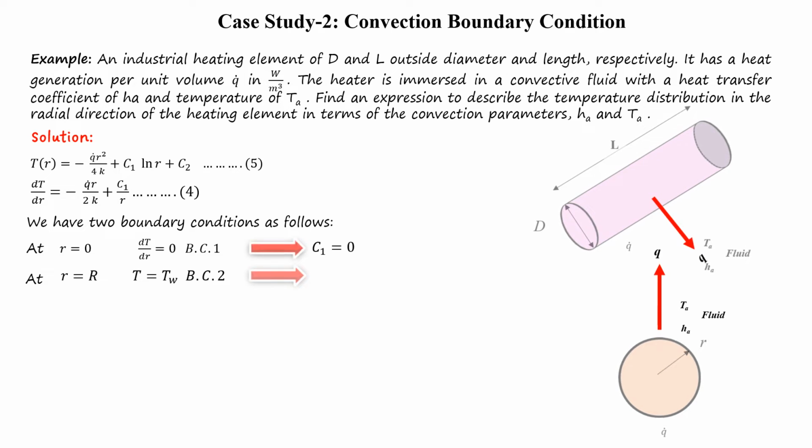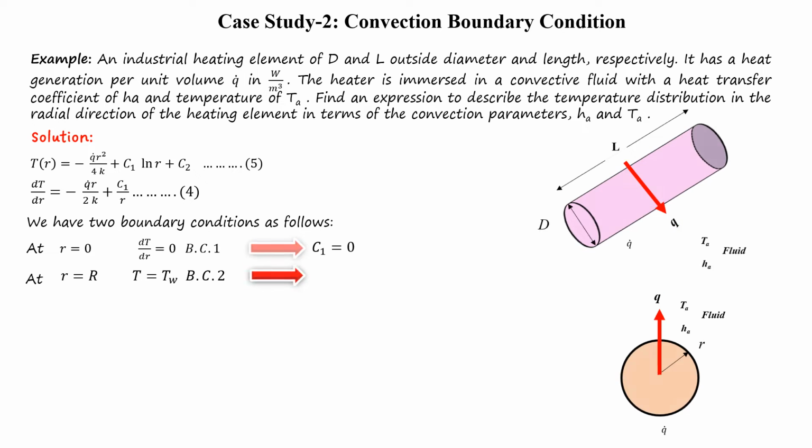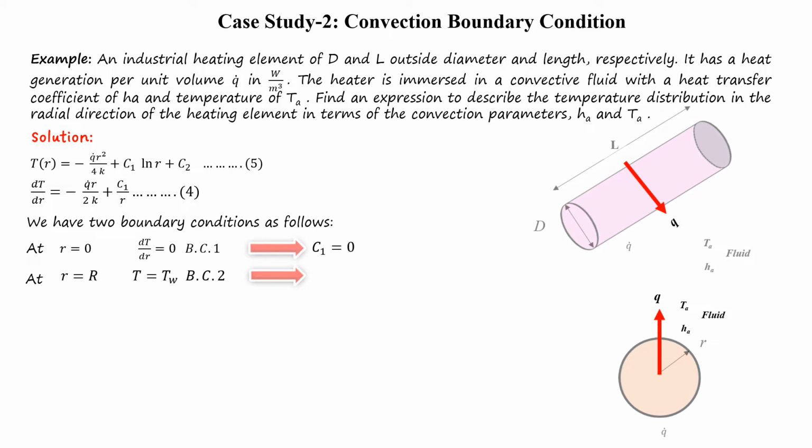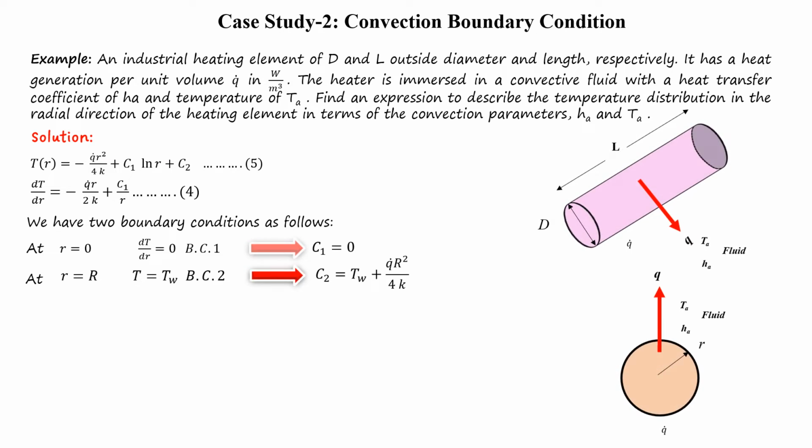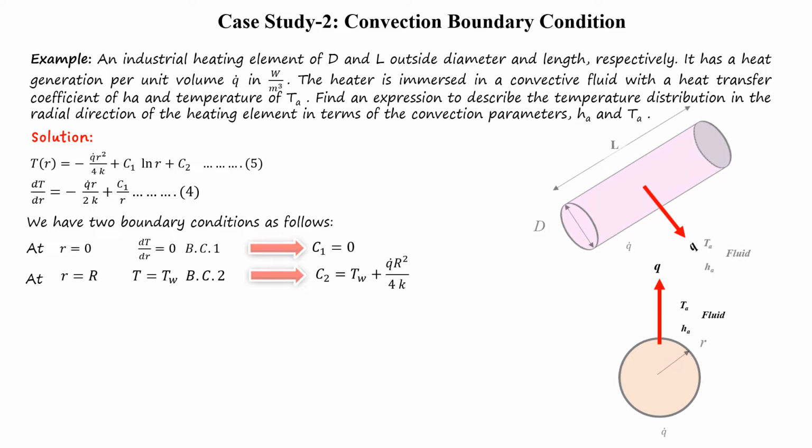In boundary condition 2, where the r value equals capital R, that means at the surface of the element, then T equals T sub W, or wall temperature. That will give us C2 equal to T sub W plus q dot capital R squared divided by 4k.